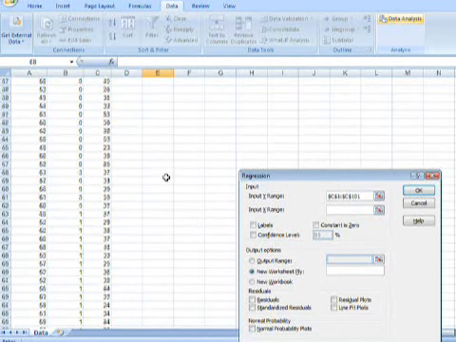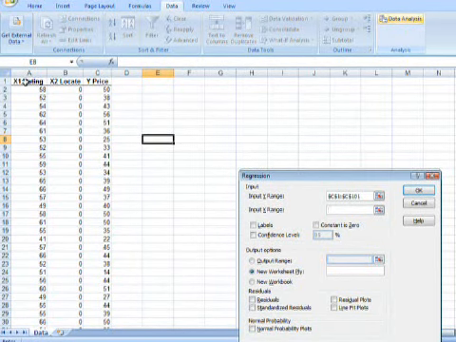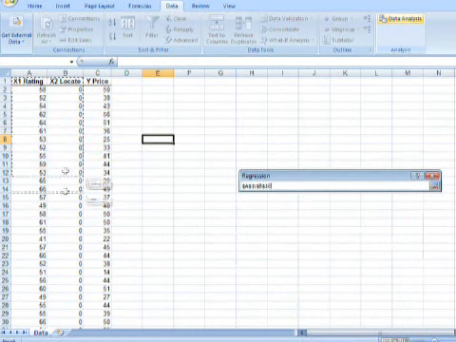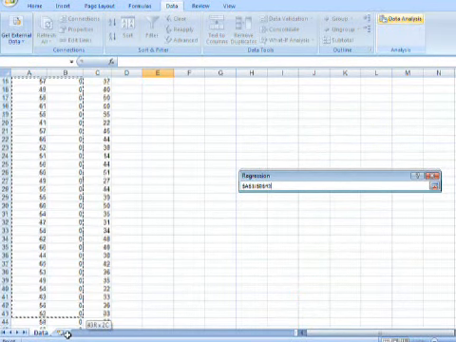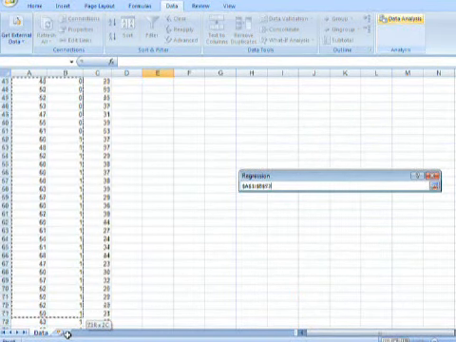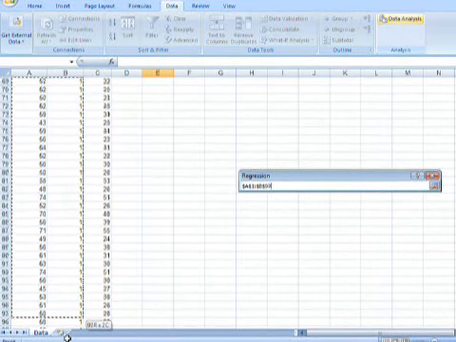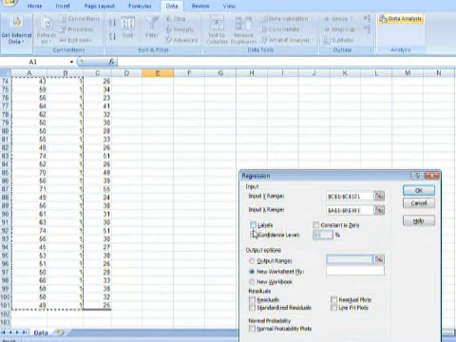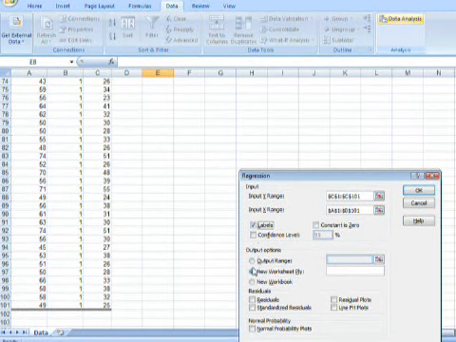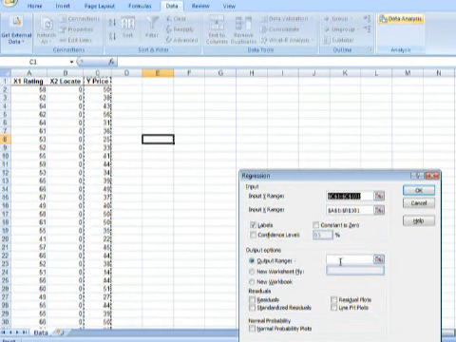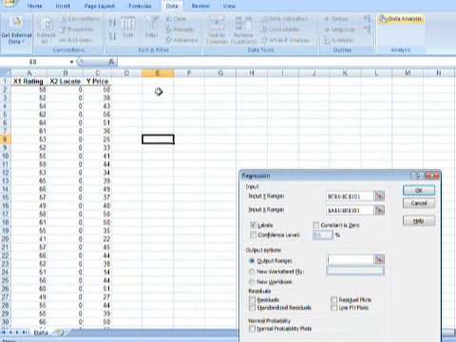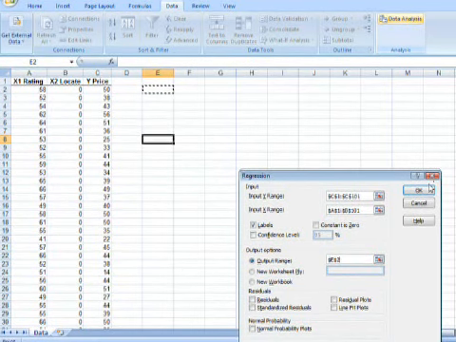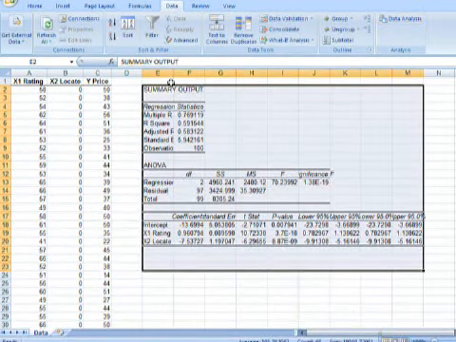Two independent variables, and they are contiguous, so we'll highlight both x1 and x2. All right, we do have labels in the first row. We will put our output up here, tell it OK.